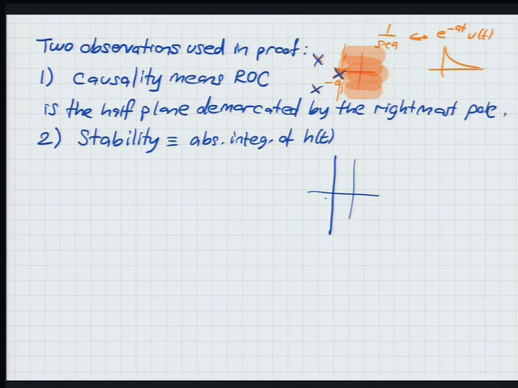Does that make sense? Yes? H is absolutely integrable, so it has a Fourier transform. Maybe that's a simpler way to put it, right? Absolutely integrable signals have well-defined Fourier transforms, right? So if the Fourier transform exists, the ROC of the Laplace transform must include the imaginary axis.